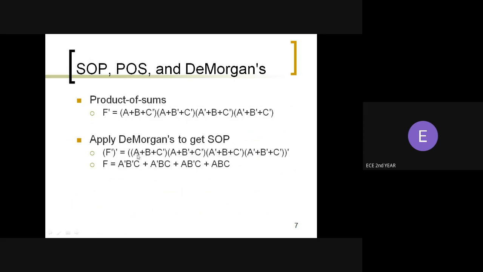I will tell how to convert the first particular term. Here you see A plus B plus C bar is converted to A bar B bar C. Plus the second term: A bar, and for B bar, B will come, C bar, C will come, and for the third term A bar, A will come, for B, B bar will come, C bar, C will come, and for the last term for A bar, A will come, for B bar, B will come, and for C bar, C will come.